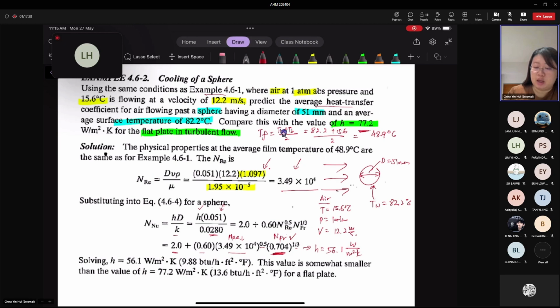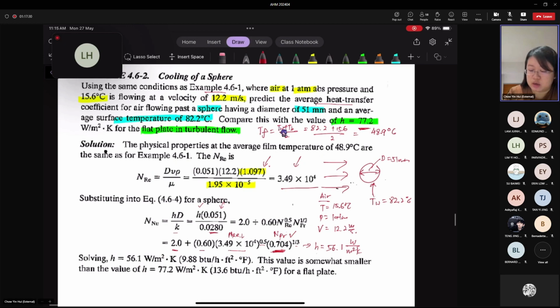All right, but if you recall back, this is for the case of sphere. In the previous example, when we dealt with a rough plate, which will create turbulent flow, the h value is 77.2 watts per meter square Kelvin. Now I'll let you guess.